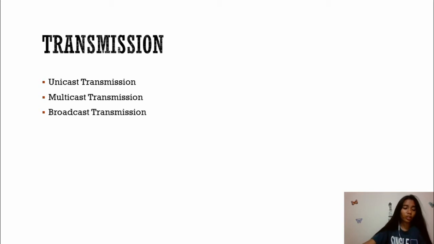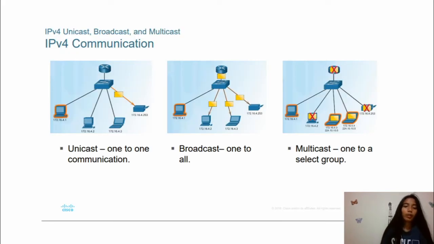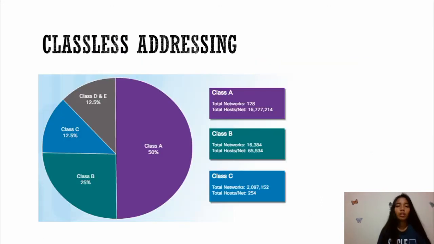In this course, unicast, multicast, and broadcast each have different meanings. For unicast, we have one-to-one, for multicast, one-to-many, and for broadcast, one-to-all. Unicast just sends data from one to one, while the others give the data to many or to all, and only the intended ones receive the data.